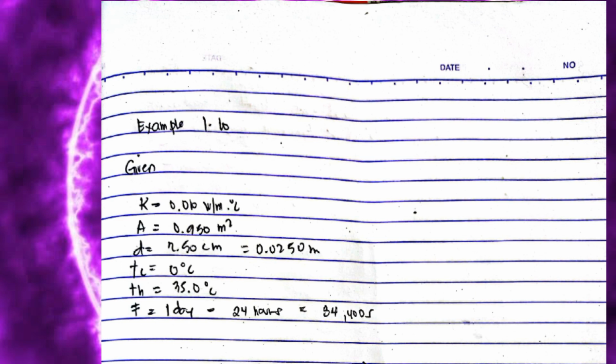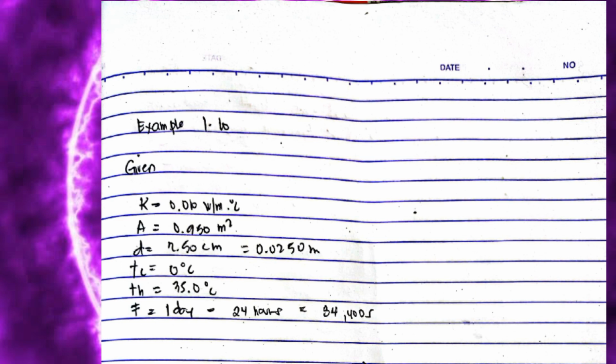So our temperature in the colder is 0 degrees Celsius, and our temperature in the hotter is 35.0 degrees Celsius. And our time here is 1 day, so we convert 1 day into 24 hours.